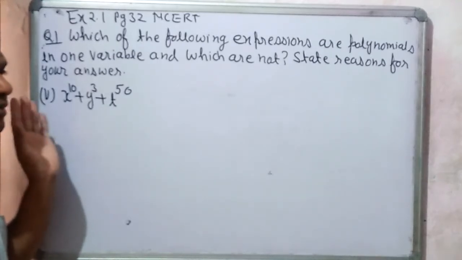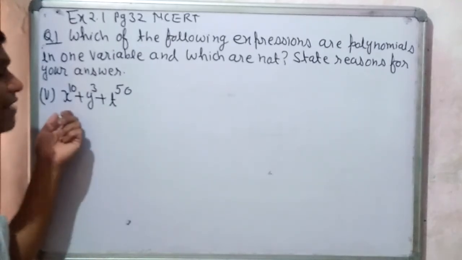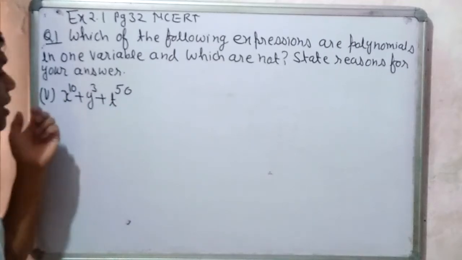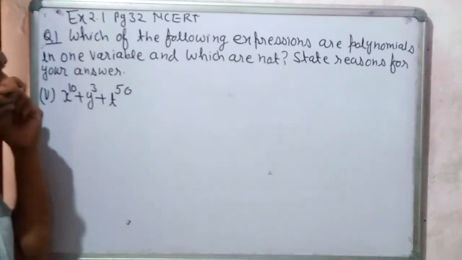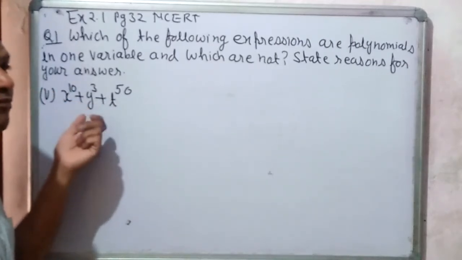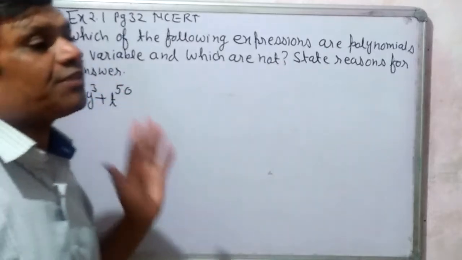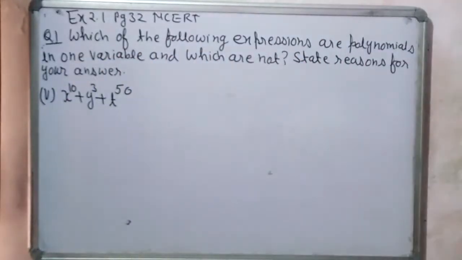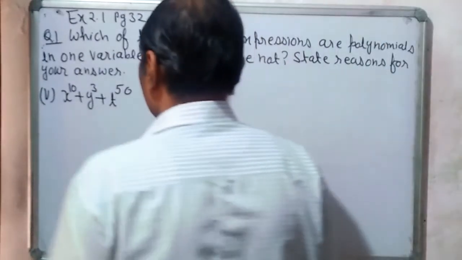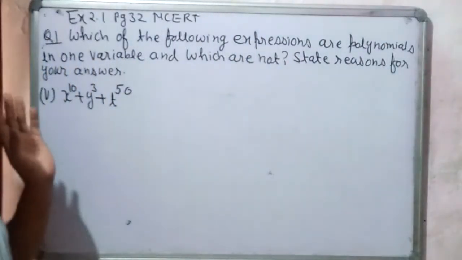The first thing that we see over here is the variables are 3. The variables are x, y and t. So it doesn't fit first of all in the algebraic expression for one variable. It is an algebraic expression, but is it in one variable? No, the variables are 3.